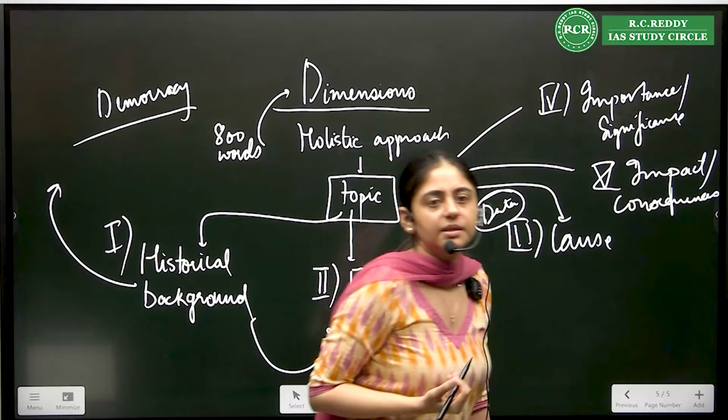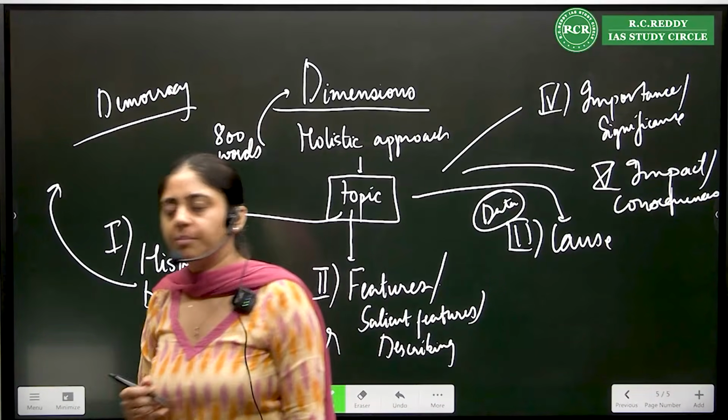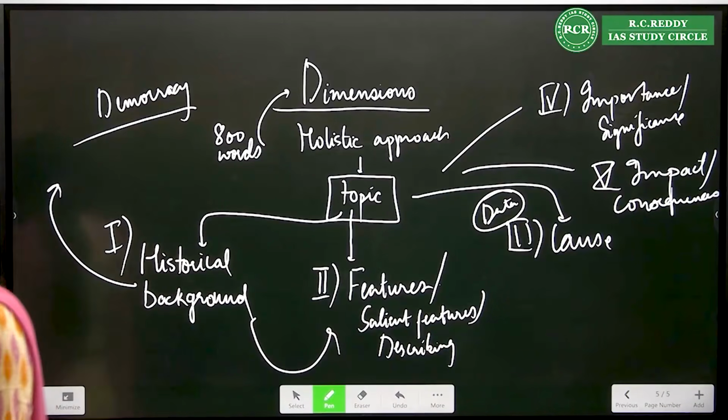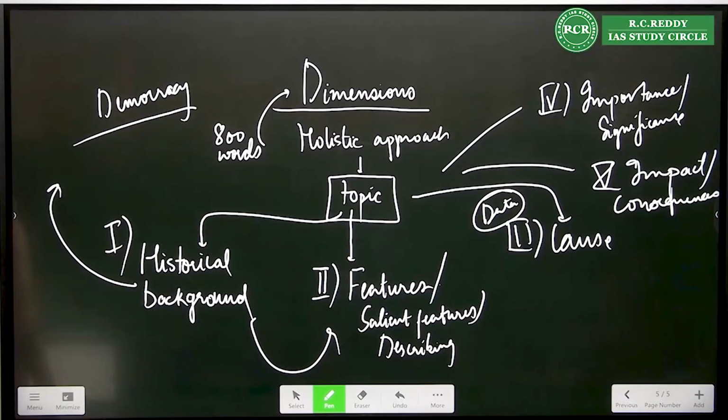You can discuss it. What will happen with obesity? Cardiovascular diseases, right? Not being able to maintain a normal life, right? You will have problems in mobility. Somebody has to help you every time. So all these things, what are the impacts? What are the consequences? You can write it there.